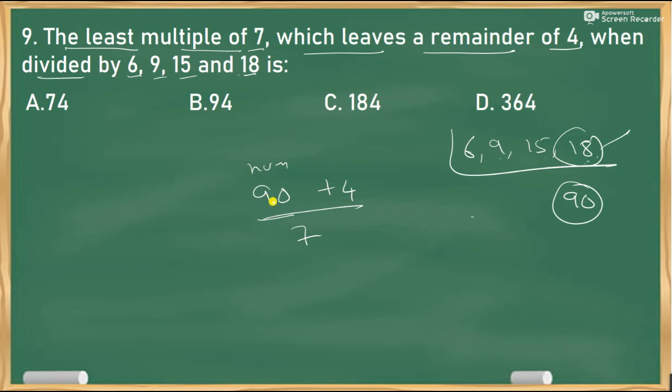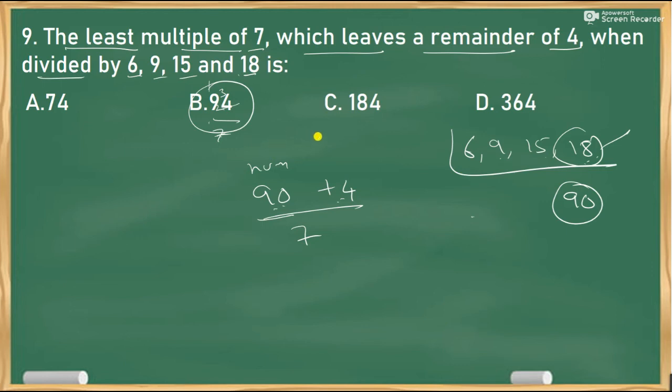Next, the total is 94, 90 plus 4. If I divide 94 by 7, 7 ones are 7, and 24, 7 threes are 21. It completely divides the number. But I want a number which leaves a remainder 4.